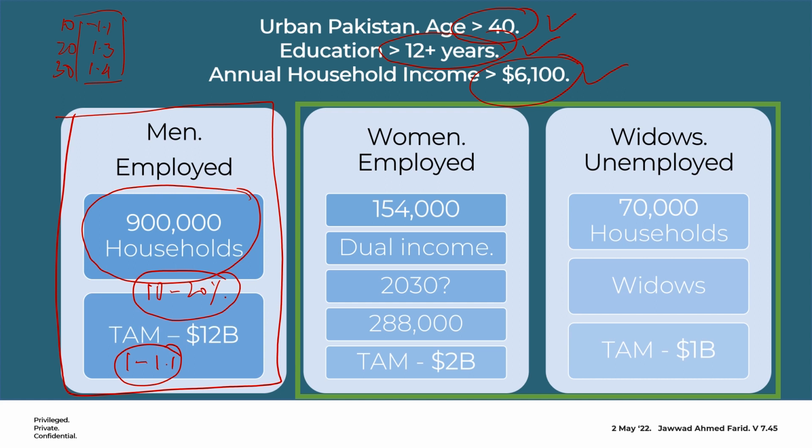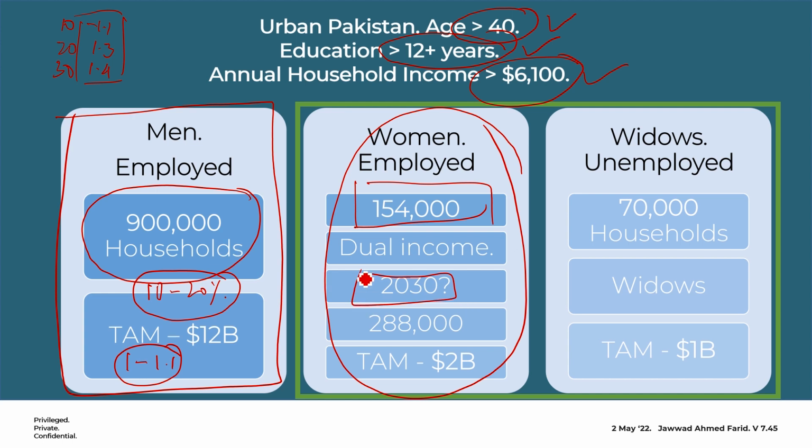Now, the brightest piece is working women employed. Same profile: age 40, 12 plus years of education, $6,000 a year in annual income. Right now, the number of households that have this profile is about 154,000, mostly adult income. The question is, what would this profile be in 2030, about 10 years down the road? And that's the brightest piece.